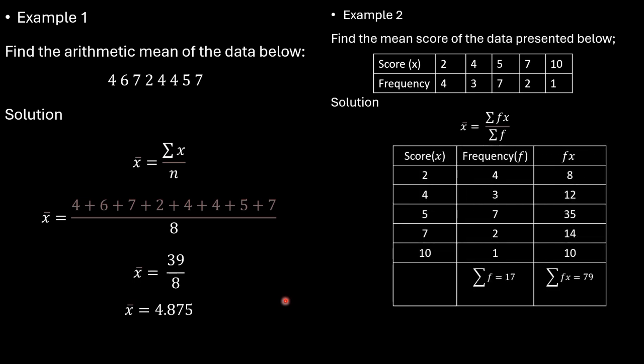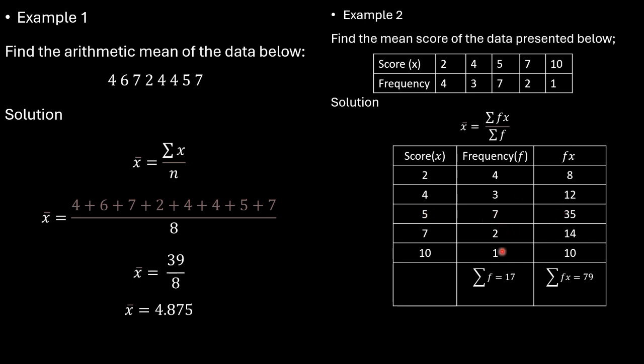Here, we make another table which includes fx, that is the multiplication of the score and its frequency. To get the fx for the first value, we multiply 2 by 4 to get 8. The second value, 4 multiplied by 3 gives us 12. Third, 5 multiplied by 7 gives us 35, and we continue like that.